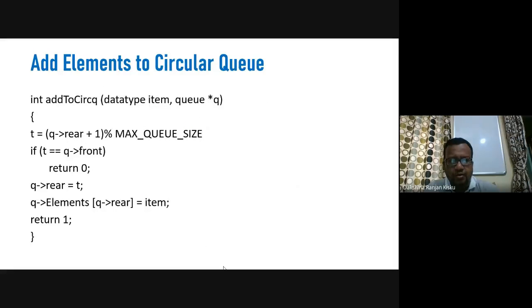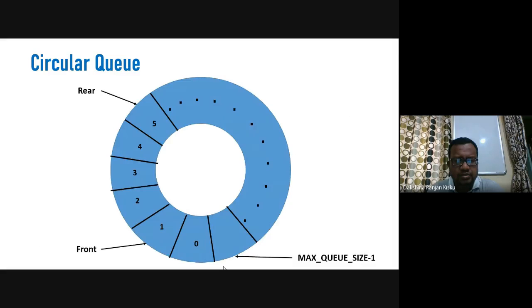Now, how will elements be inserted into the circular queue, or how can we add new elements to the circular queue? The idea is that first we will check whether the queue is full or not. So when some new element is to be added to the circular queue, we will check whether we have reached the maximum size or not.